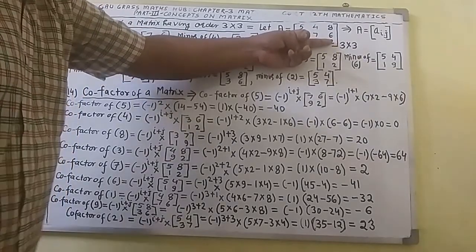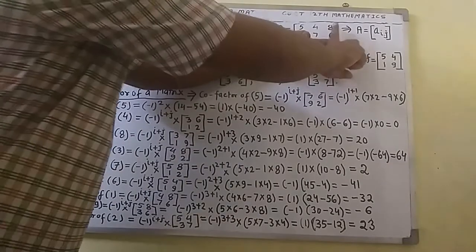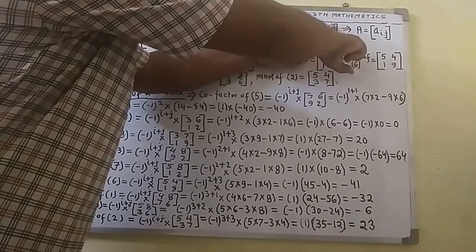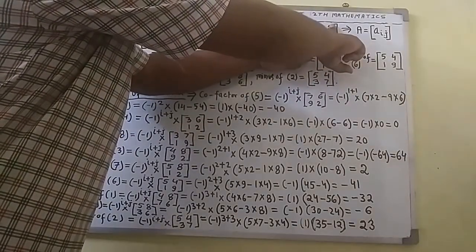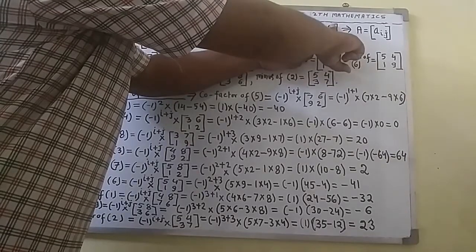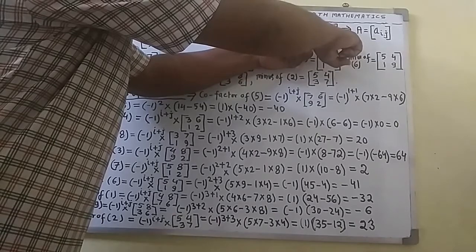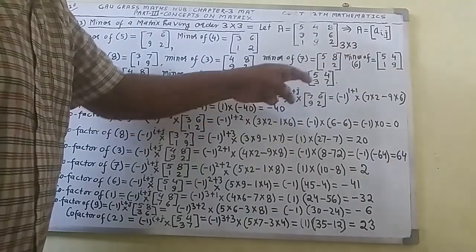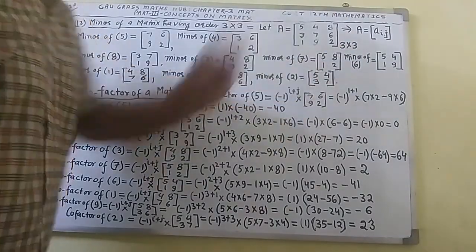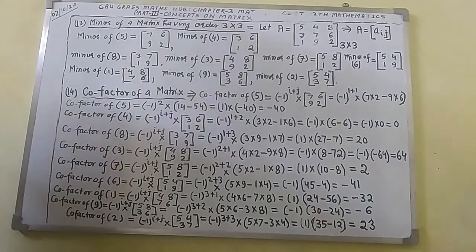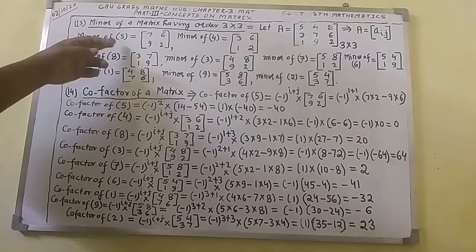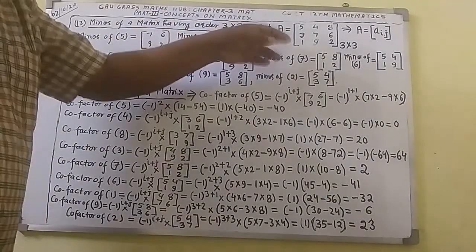And 2 is there in the third column. The third column will get hidden like this. So we will get the minor 5, 4, 3, 7. This is the way we will find the minor of any element in the given matrix.